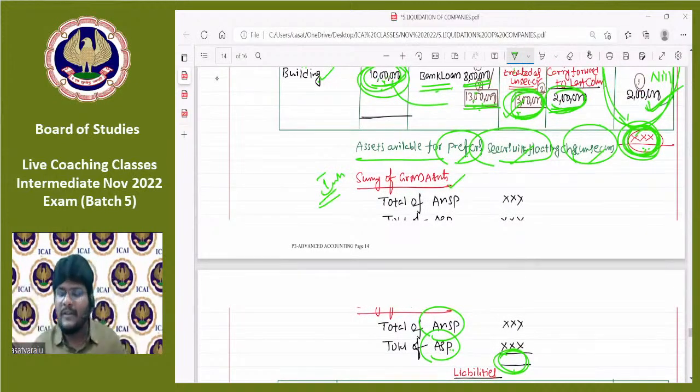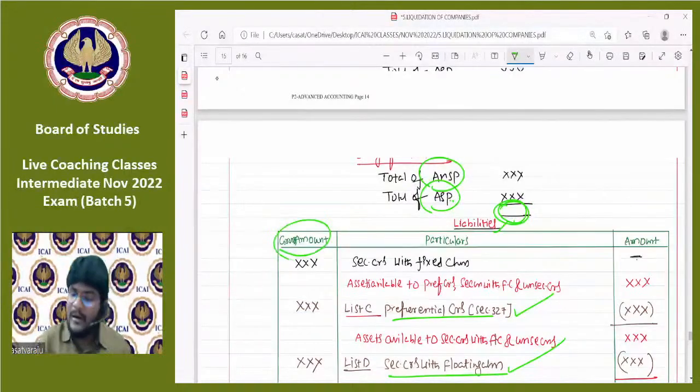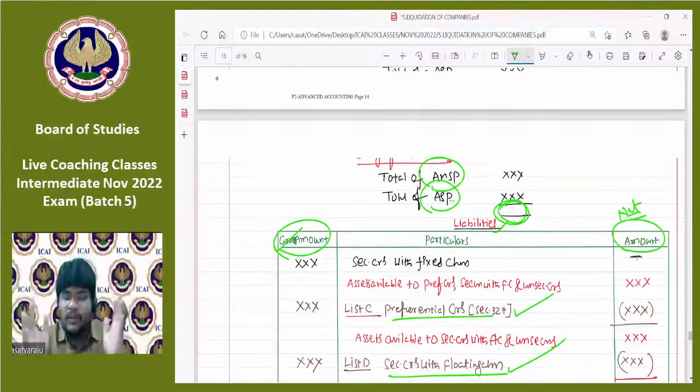Summary of gross assets information you need to provide, which is the gross balance available. Then you need to present the liabilities in this format. Left hand side is one amount, right hand side is one amount. Right hand side is the net amount, which is the correct amount column. Left hand side is the total gross liabilities column. Total gross liabilities is how much?